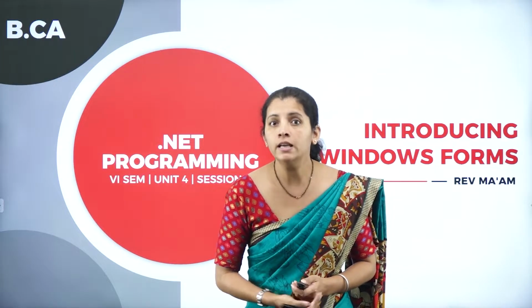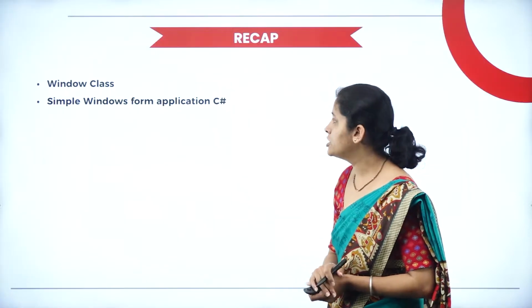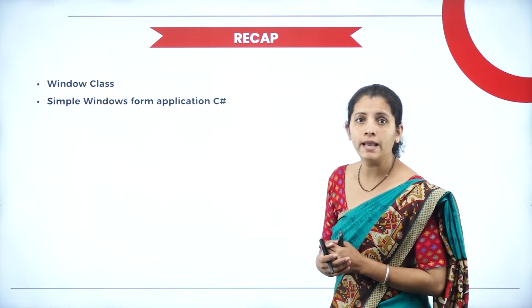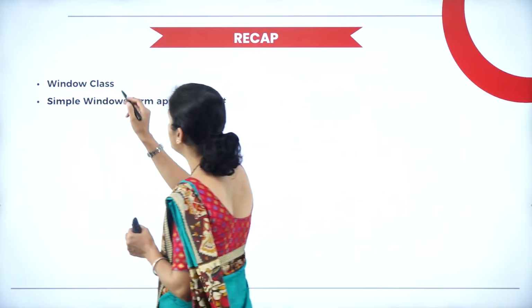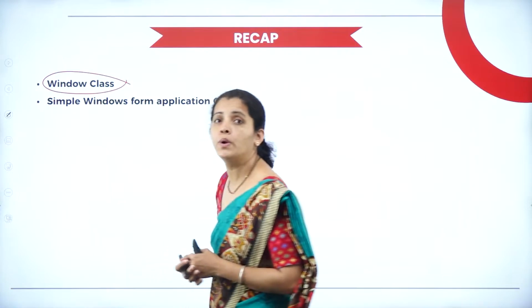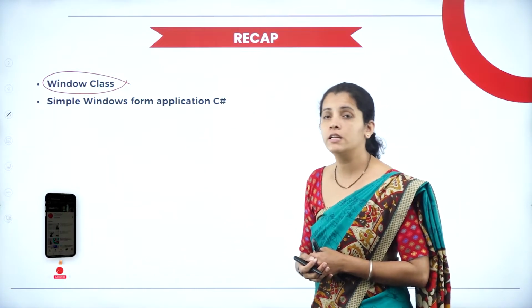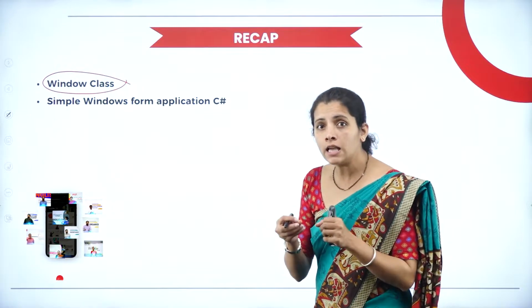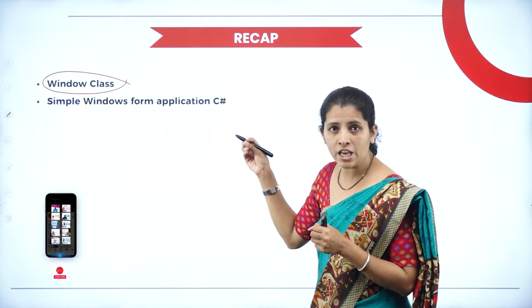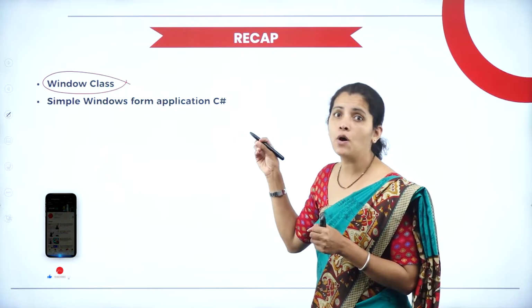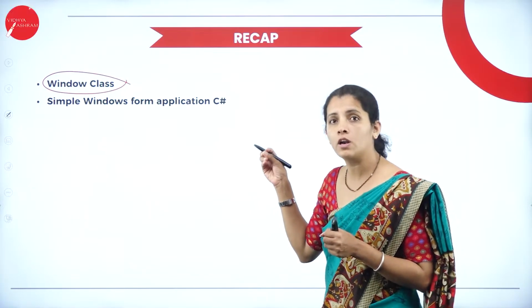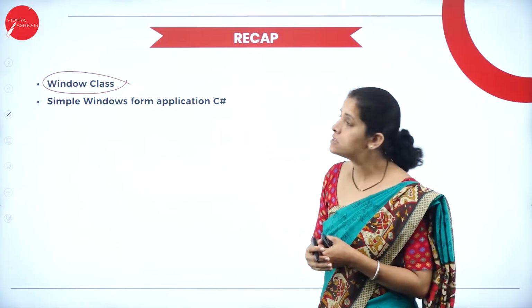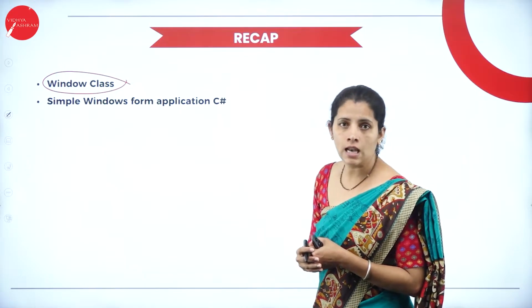So dear students, before starting today's session, let me recall the topic I discussed in my last session. In my last session, I started with what is the Windows class and what is the need of the Windows class. Suppose I want to design any Windows Form application which is going to run on a desktop system or laptop; to design those kinds of applications, I must have the Windows class.